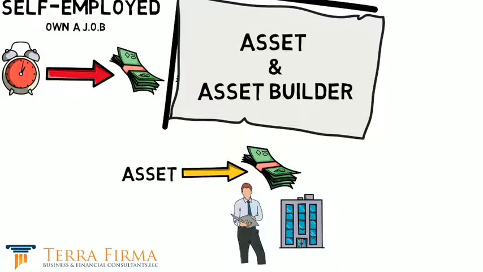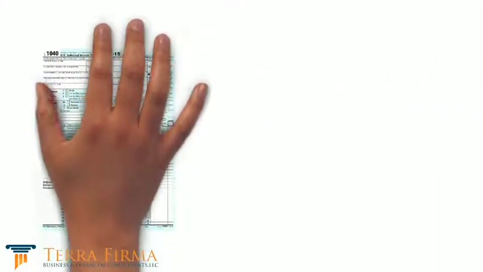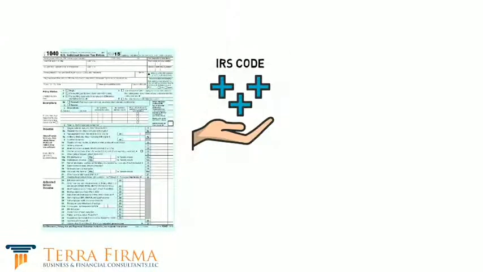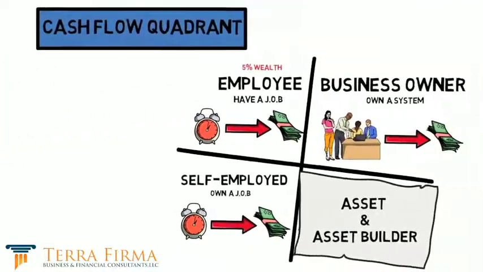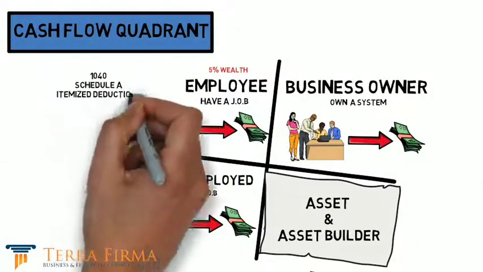Now, what we're going to do here is we're going to take one step further, and we're going to look at the IRS tax forms, the 1040 tax forms, okay? These are the tax forms that allow you to understand where you benefit from the IRS code, if any. Now, as an E quadrant employee under Schedule A, you get to itemize deductions. What's that mean?